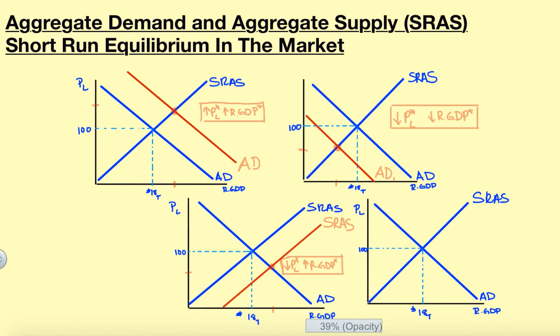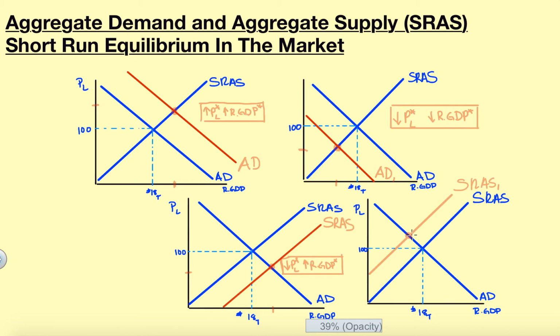So our last shift, let's see what happens when there's a reduction in the short-run aggregate supply curve, causing it to shift back and to the left. Okay, when the aggregate supply curve shifts back to the left, we will call this short-run aggregate supply sub 1.